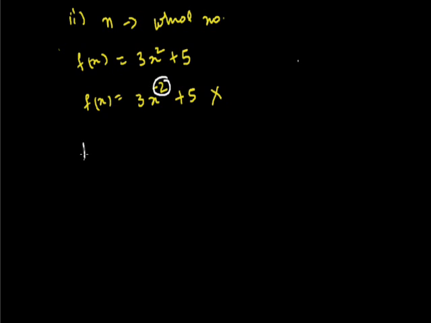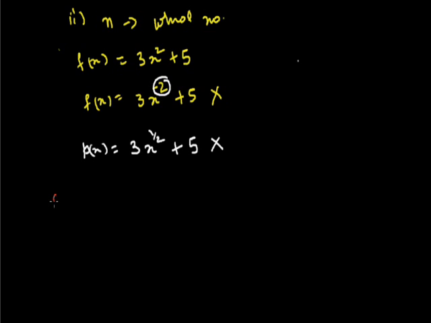Again, if we are given p(x) of the form 3x to the power 1 by 2 plus 5, then it is also not a polynomial because the power of x is not a whole number again.